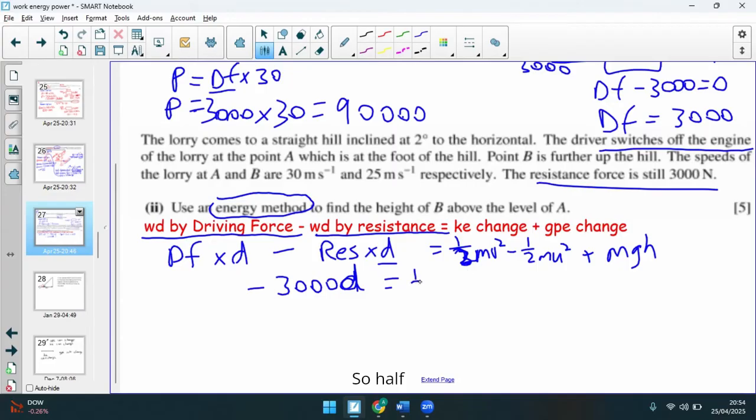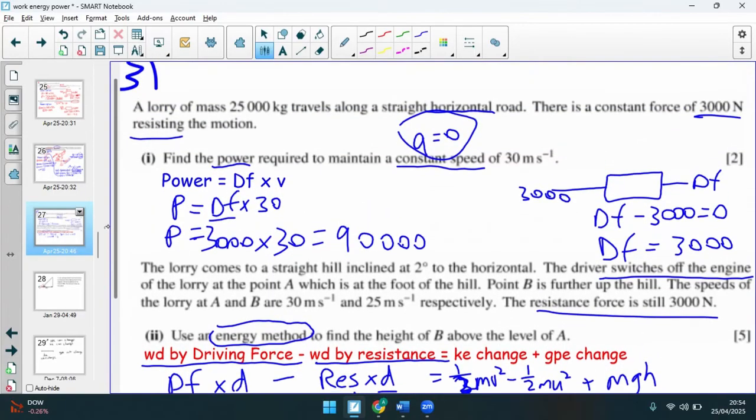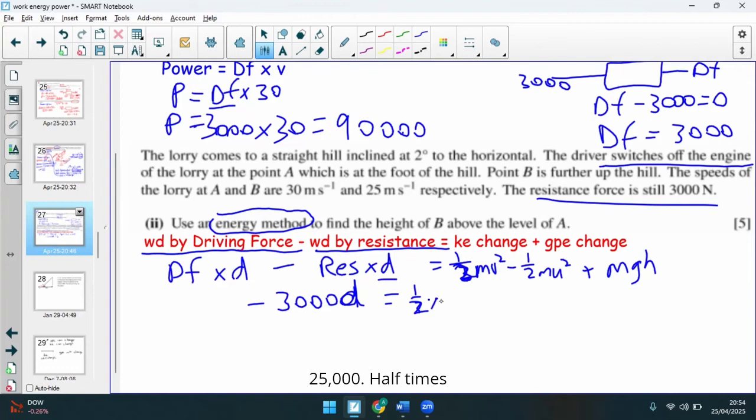So half times, what was your mass? 25,000. Half times 25,000. Okay, you do this in your calculator, you should get minus 343.